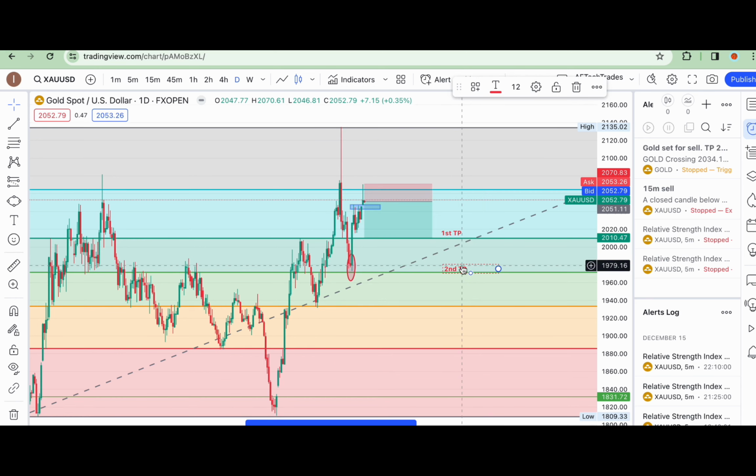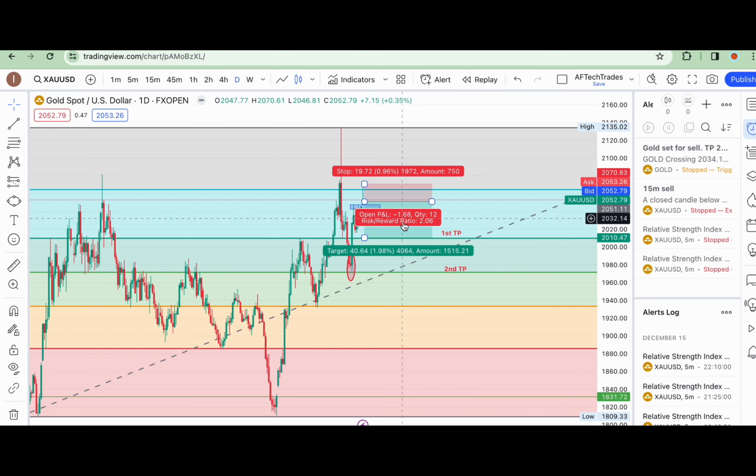Okay. And by the time this is playing out, if it breaks through this, I am looking back to, yeah, my second take profit would be here.